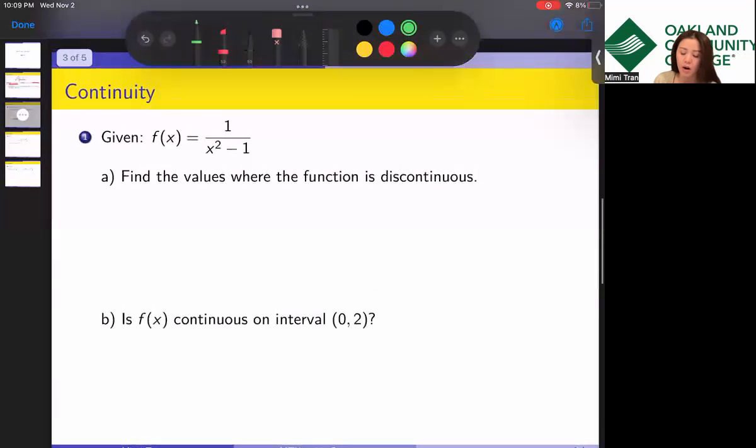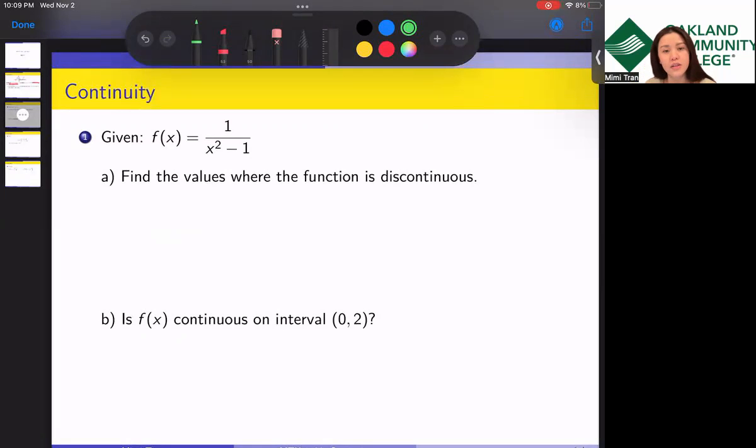So let's take a look at this problem. This problem is to use the definition to solve. I have a function f of x equals 1 over x squared minus 1. Find the values where the function is discontinuous. So apparently there's some discontinuity going on here, right?